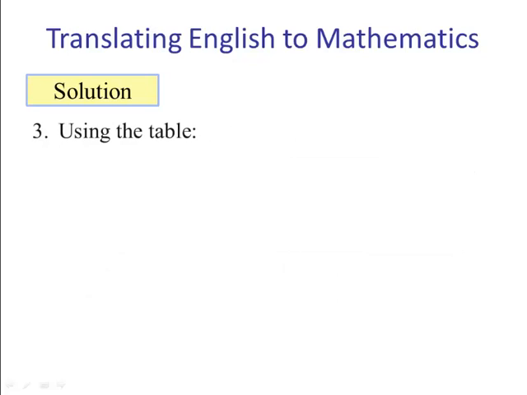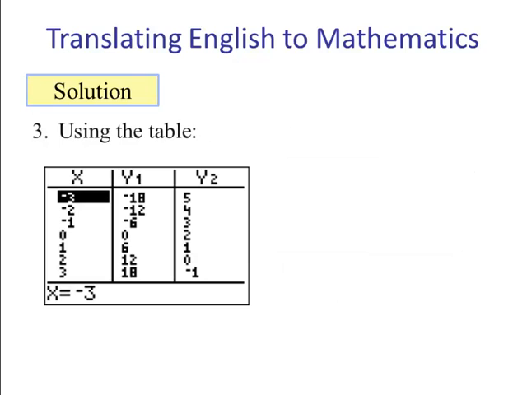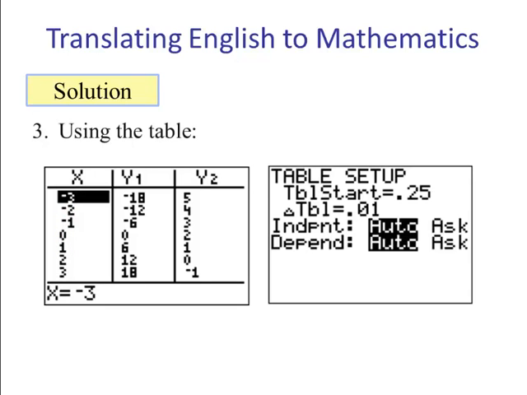Use the table feature. We hit second and y equals. And what we're going to look for is when x is close to 0.29, these y values should be the same. Now, the table is counting by ones. So if we hit second window, which is table set, your screen should look like this.